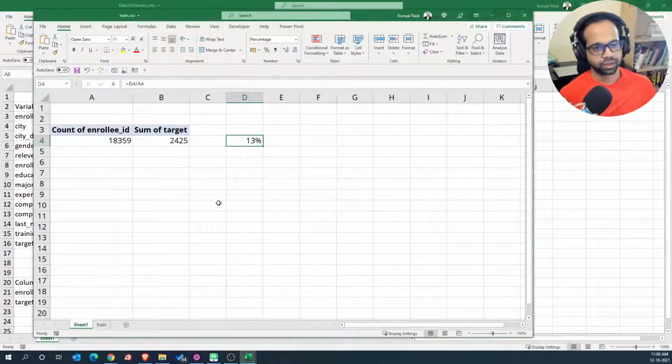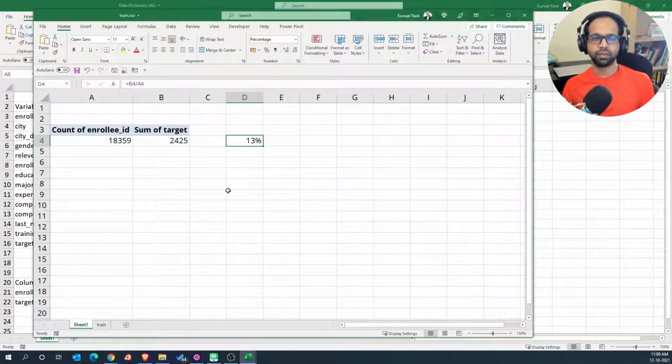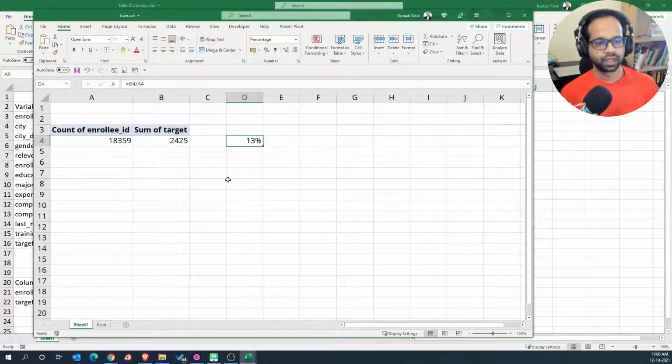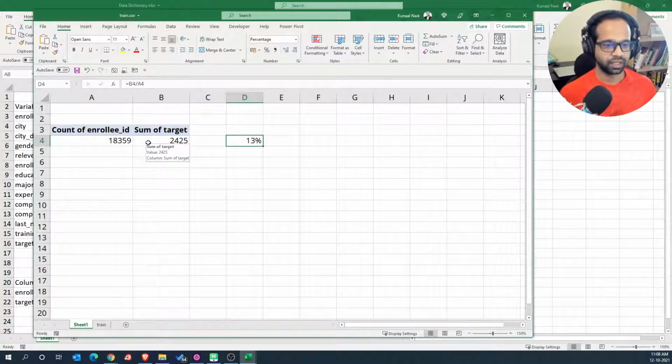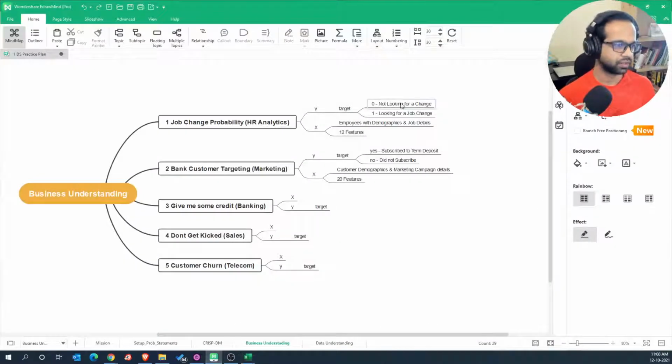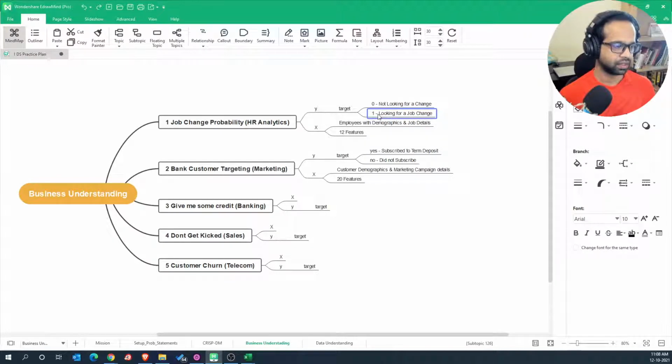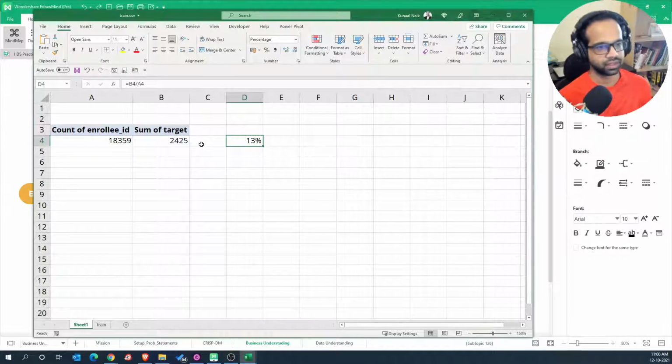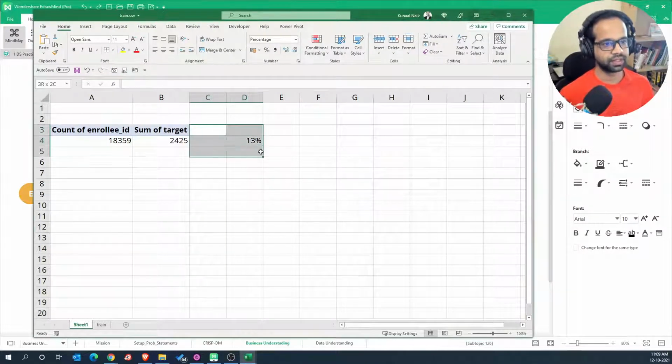Now, this looks like an imbalanced class. A balanced class would be that you have 50% in each of these cases. And clearly the ones looking for a job change are less than 50%, and that's why this is an imbalanced data set.